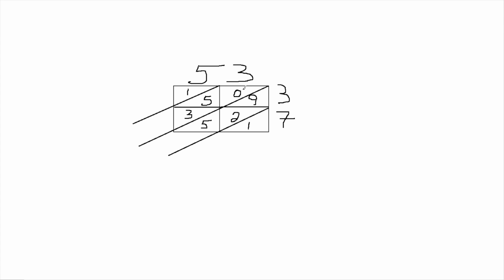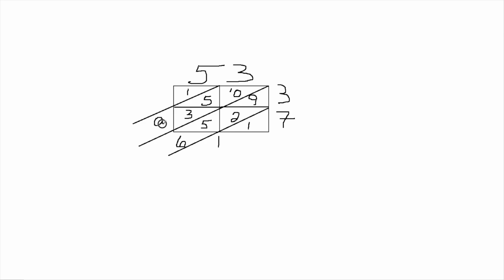Now we have to add this way, all the way through the outside like this. So 1 plus nothing is 1. 9 plus 2 is 11. 11 plus 5 is 16. So we write the 6 and then carry the 1. 1 plus 0 is 1, plus 5 is 6. 6 plus 3 is 9.